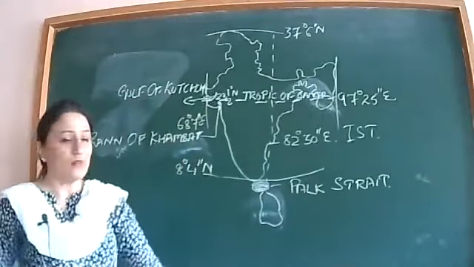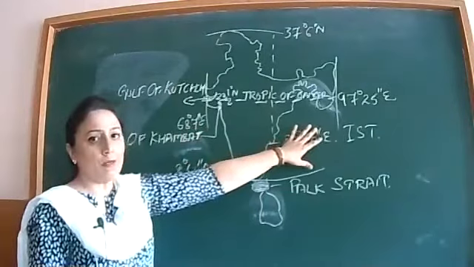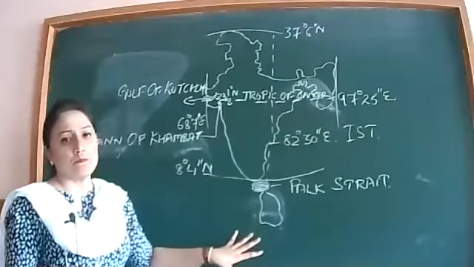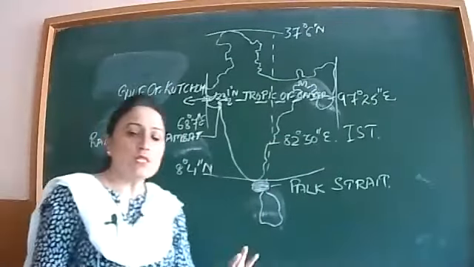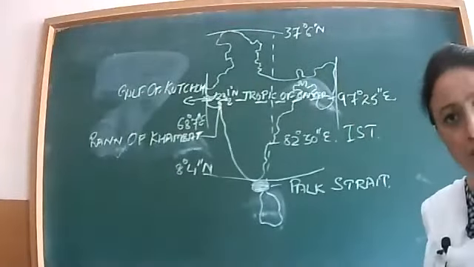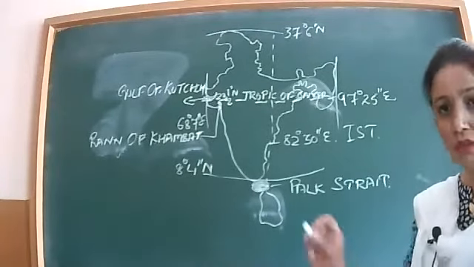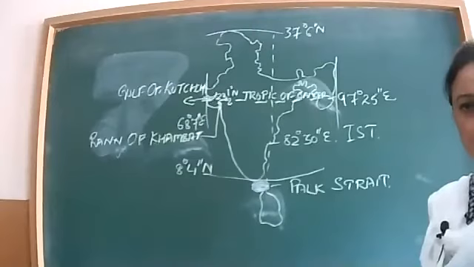And here we have the Arabian Sea, the Bay of Bengal, the Indian Ocean. Now this is a proper map of the first chapter, the prominent features we have done. If you have any problem in this map, let me know right now, otherwise I'll proceed with the next map.